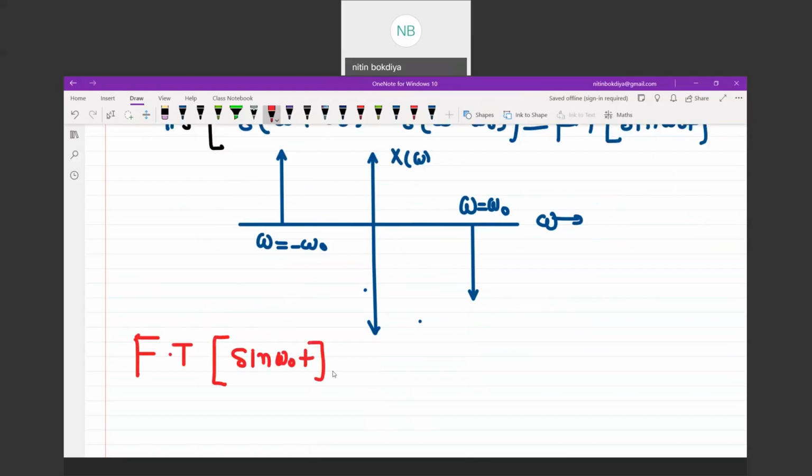First observation is this is imaginary and odd function of omega, and this was what? Real and odd. So all real and odd functions have imaginary and odd Fourier transform. So keep this in mind. It's very important. Let's start with the next.